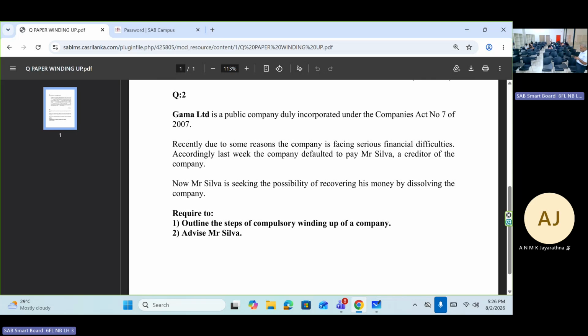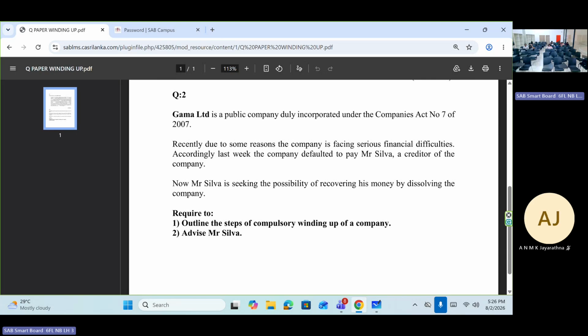Okay, the last one is the liquidator is appointed. 5 steps: petition, official receiver, provisional liquidator, winding up order, liquidator is appointed.